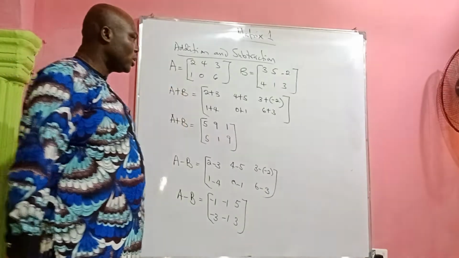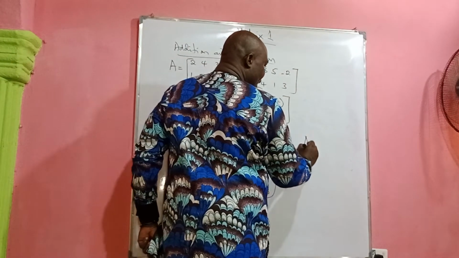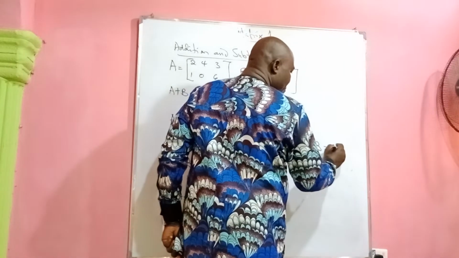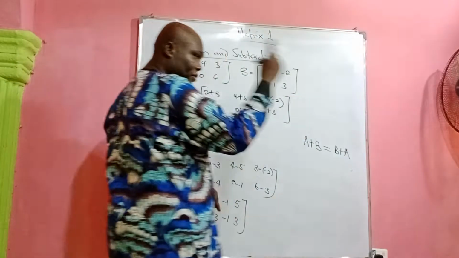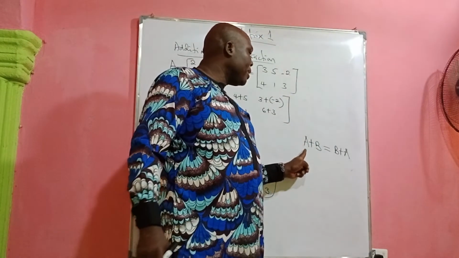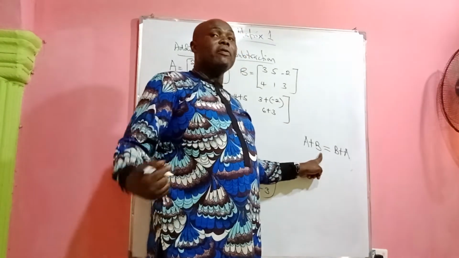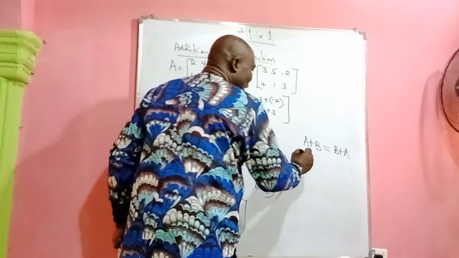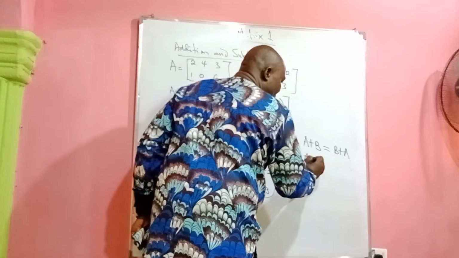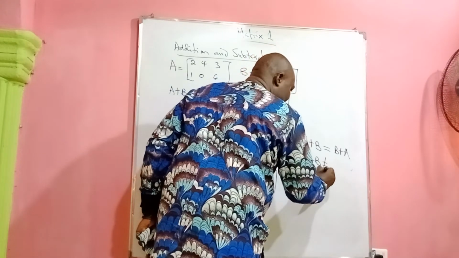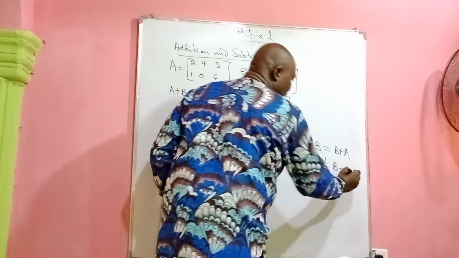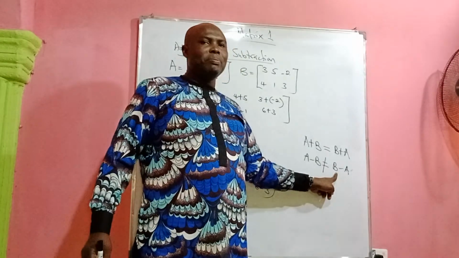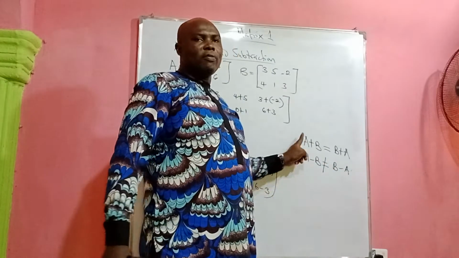But please take note that in matrices, A plus B will give you the same result as B plus A if you have done it. The addition of a matrix A to another matrix B will be the same result as the addition of B to A. But A minus B can never give you the same thing as B minus A. So your A, when you take away B, it won't give you the same result as B minus A. Please take note of this.